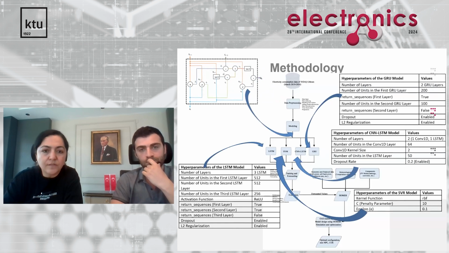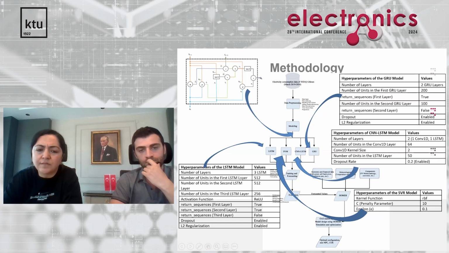The parameters of these models were determined using a trial and error method. In the LSTM model table, the LSTM model has 3 layers.